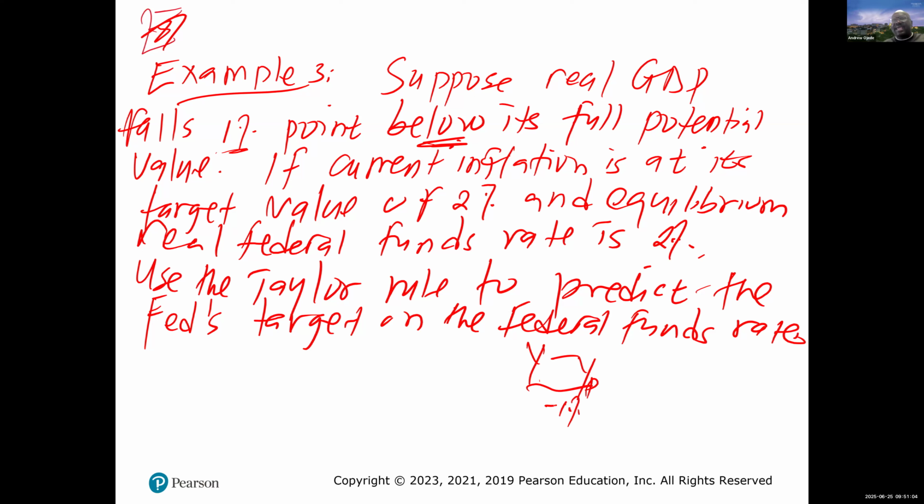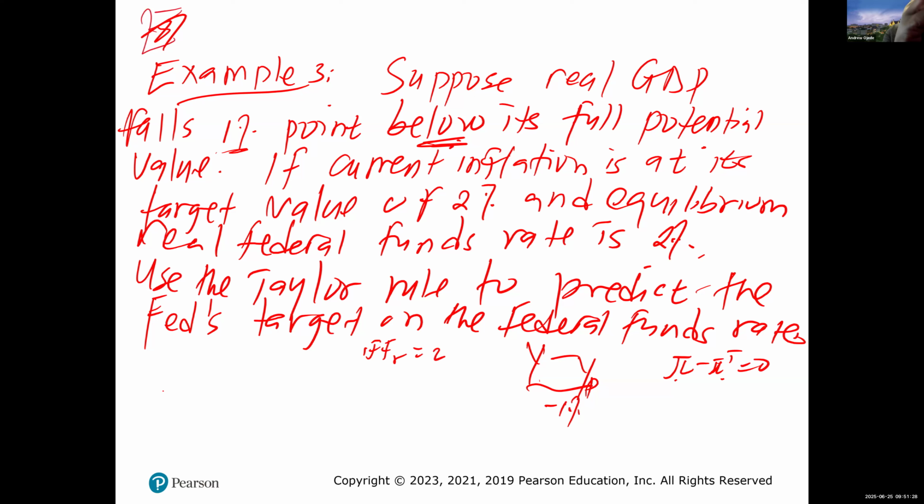But if it's below, that means negative. Then we have been told that inflation is back to its target rate. That means pi minus pi t is 0, because 2 minus 2 is 0. And the equilibrium real federal funds rate is still 2%.